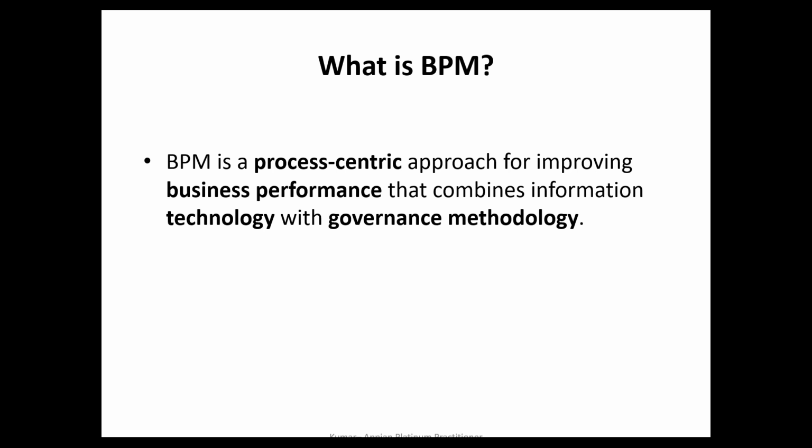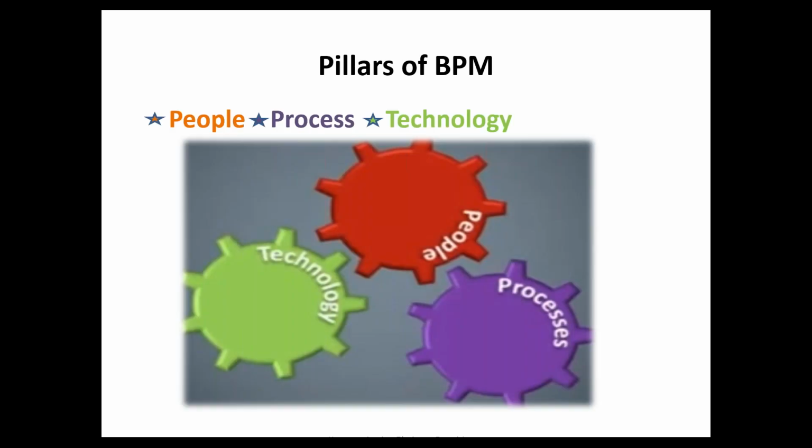So you understand that process means a set of steps must be there in the business, and management is nothing but a governance methodology, how we are going to govern that set of steps. To achieve the features from the definition I just went through, we need three things. There are three pillars of BPM: people, process and technology.